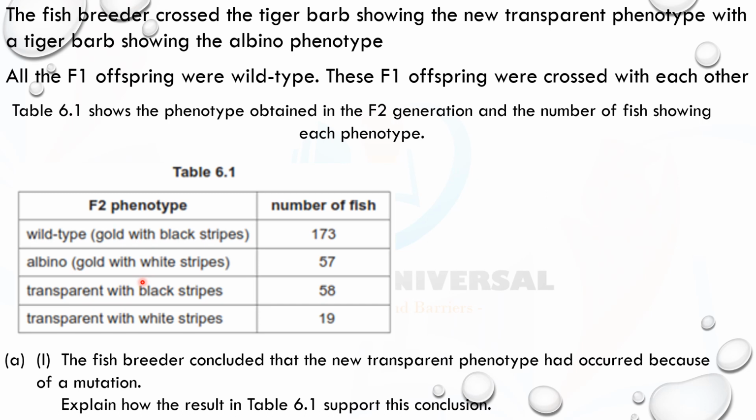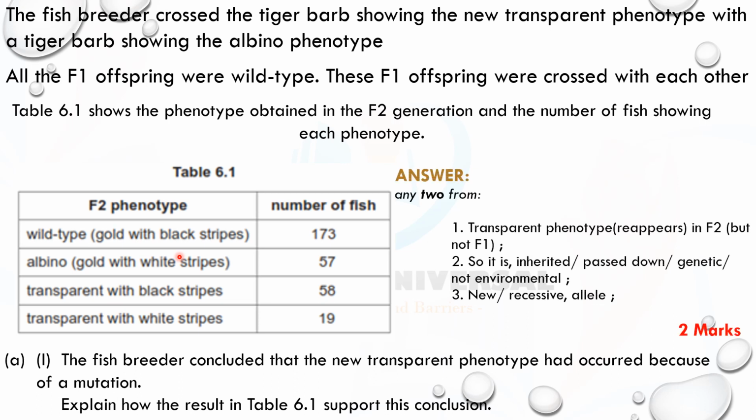It's genetic, because mutation creates new alleles which can be passed on. So, number one, the transparent is a new allele and is recessive. Number two, it is inherited, passed on. Number three, the wild type is dominant, so all F1 were wild type. That shows that it is due to mutation.